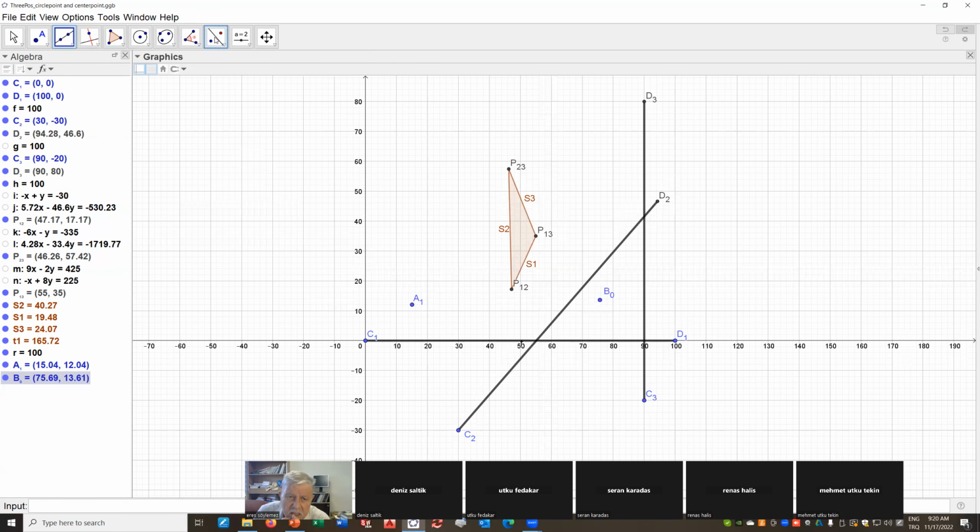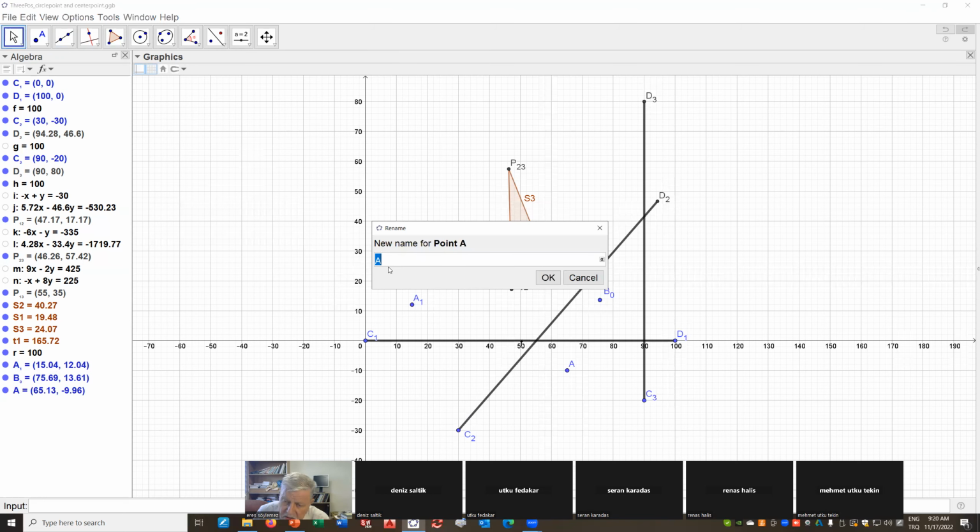I reflect A1 with respect to side 1. This point I will rename, this time, as A-G. If you want, you can label it as A123 or A-G. This is my ground point.